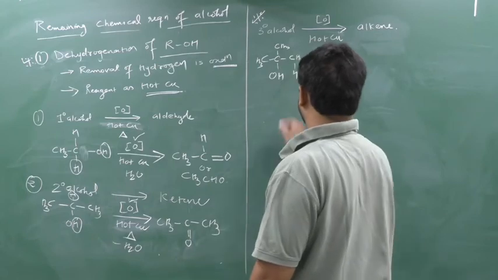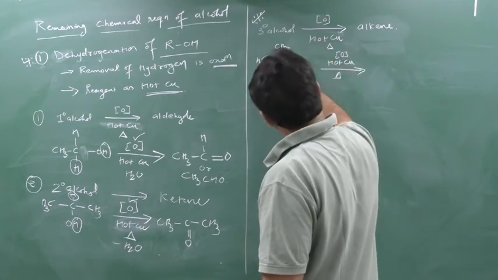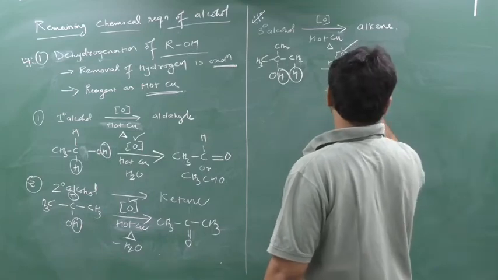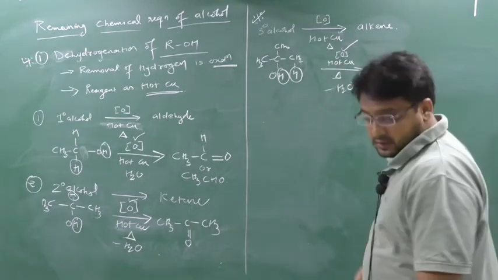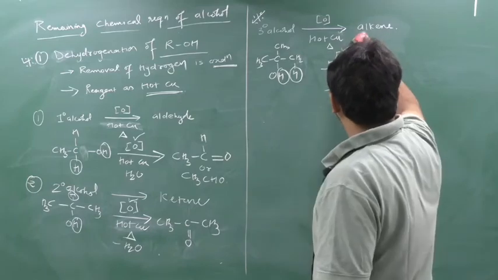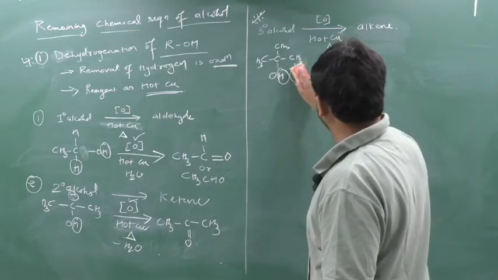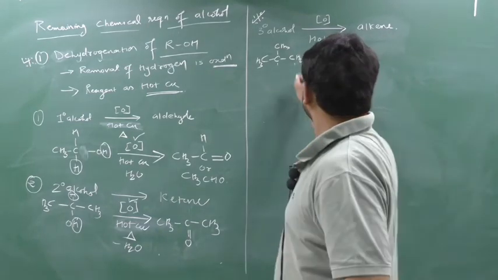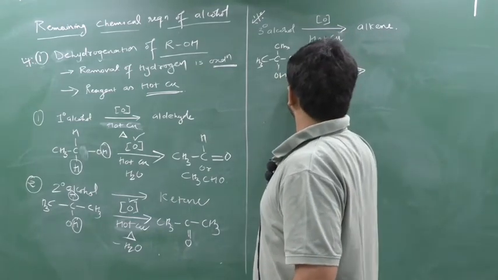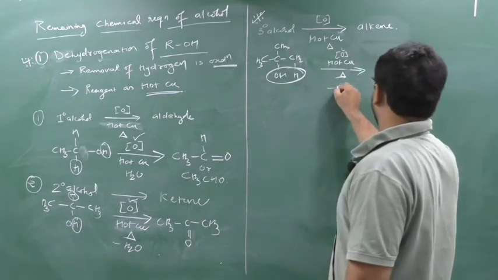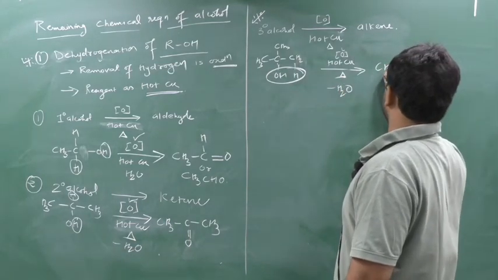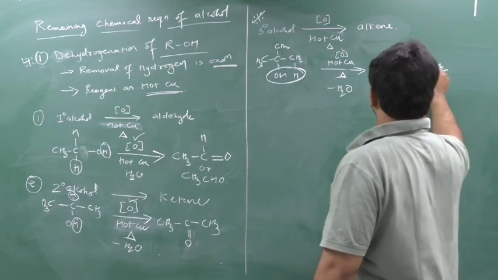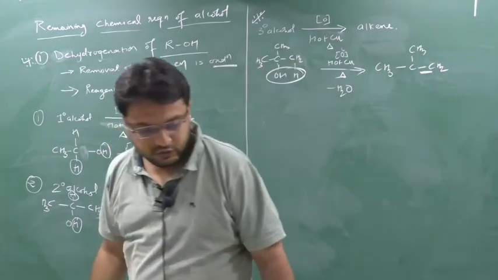Last class we saw this topic: this H and this O will form H2O. Here the ketone will not be generated. What will happen here? Hot copper will be there. So here OH and here H, these two will be removed and water will be generated. And here CH3, CH3, CH2 and a double bond CH2.